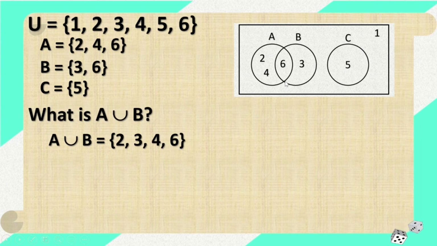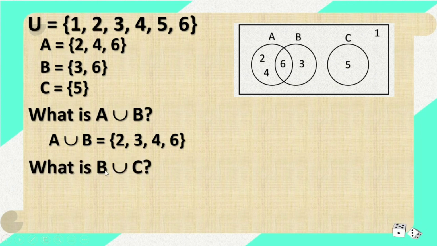Kung titignan natin sa Venn diagram, kung ano yung nasa loob ng circle A and circle B, yun din yung nakikita natin dito sa elements ng A union B. What is B union C? Okay, so tignan natin yung elements ng B. We have 3 and 6, and the element of set C is 5.